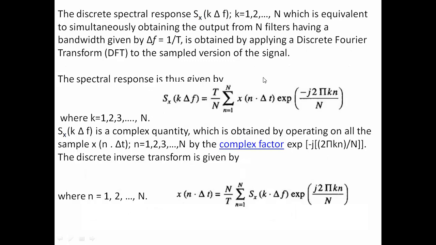I think all of you know how the analog signal is converted into discrete signals.